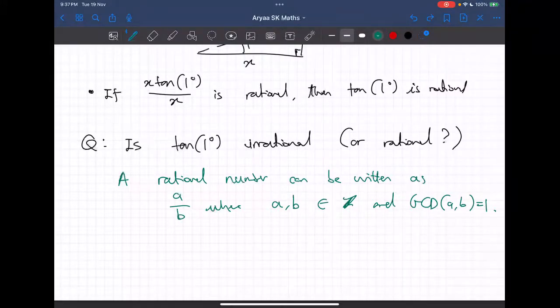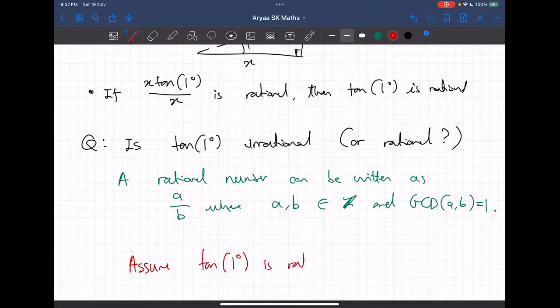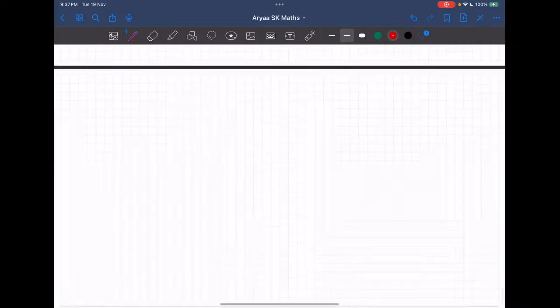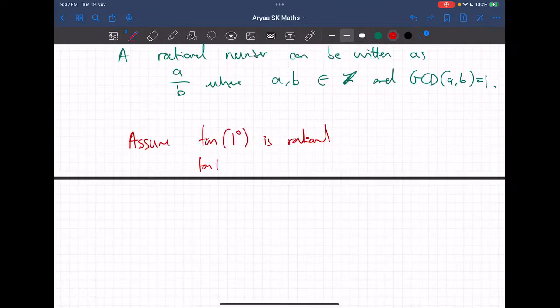I'm trying to think of a proof by contradiction, but I don't think it's going to work. If we say something like, assume tan of 1 is rational, so then we'd say tan of 1 degree equals a over b. Then we might do something like a equals b tan of 1 degree.